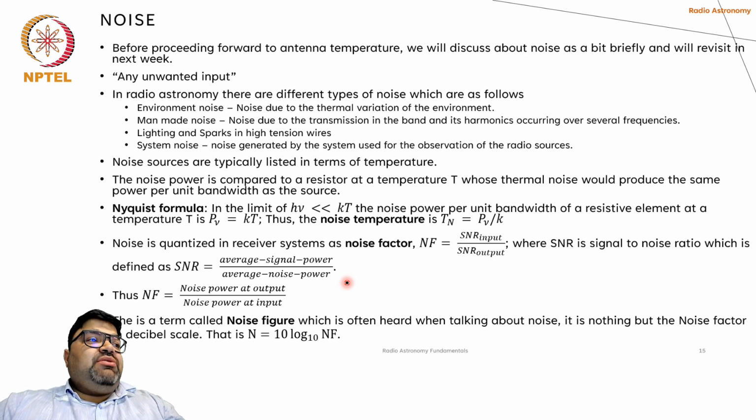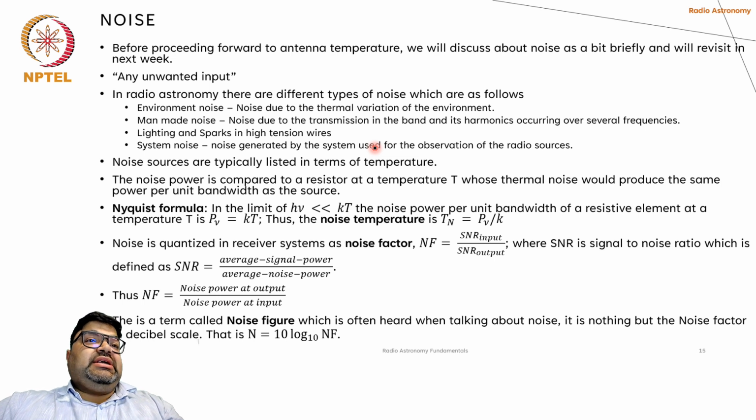How does noise come into the picture? In radio astronomy, we can talk about different noises like environment noise, noise due to thermal variations of the environment, man-made noise due to transmission of other unwanted signals in other bands creating noise in our band, lightning, sparks, several unwanted other emissions and interferences which cause noise, and lastly but not the least, the system noise.